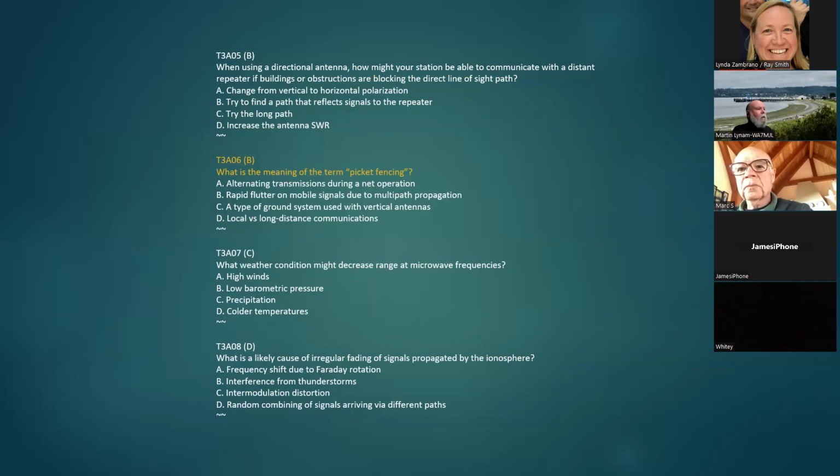A6. What is meant by the term picket fencing? This is one you sometimes experience when you're in your car operating radio.